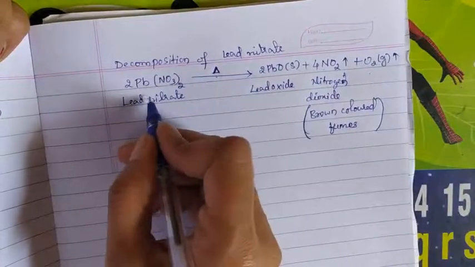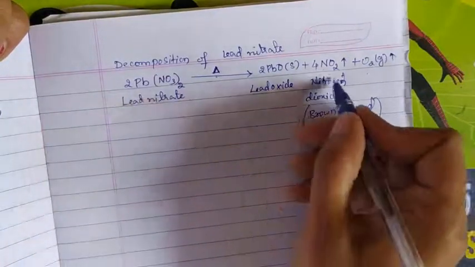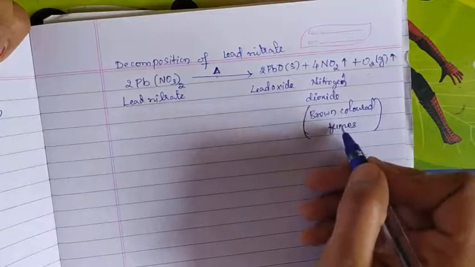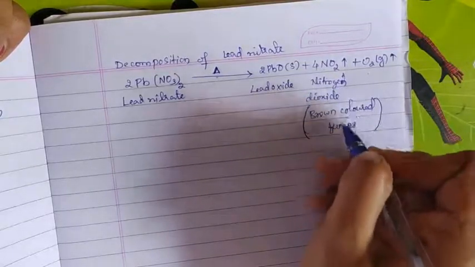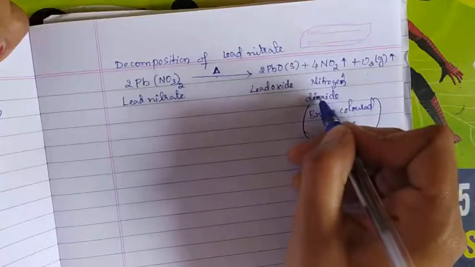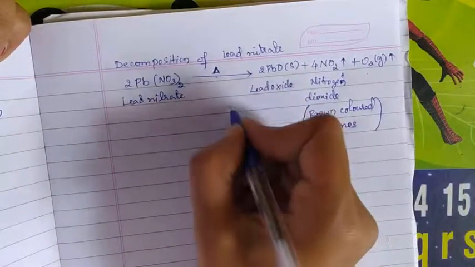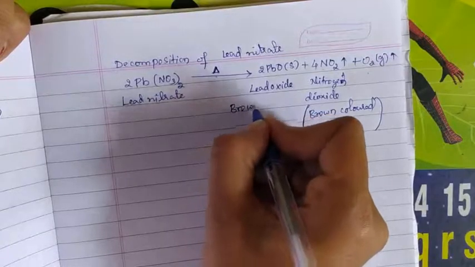Along with this, a brown precipitate is formed.